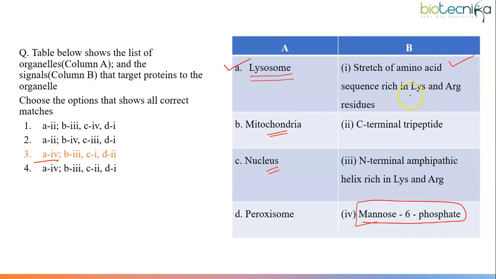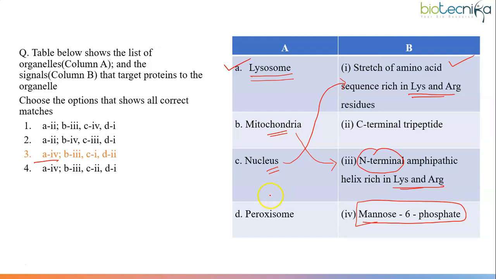For example, lysine and arginine residues, here also lysine and arginine residues. But the difference is that the conserved amino acid sequence for mitochondria will be located towards the N-terminal region of the protein, whereas when it comes to the nucleus, it is quite unpredictable. It could be N, it could be C, it could be anything. So that's why you can easily differentiate between these two.